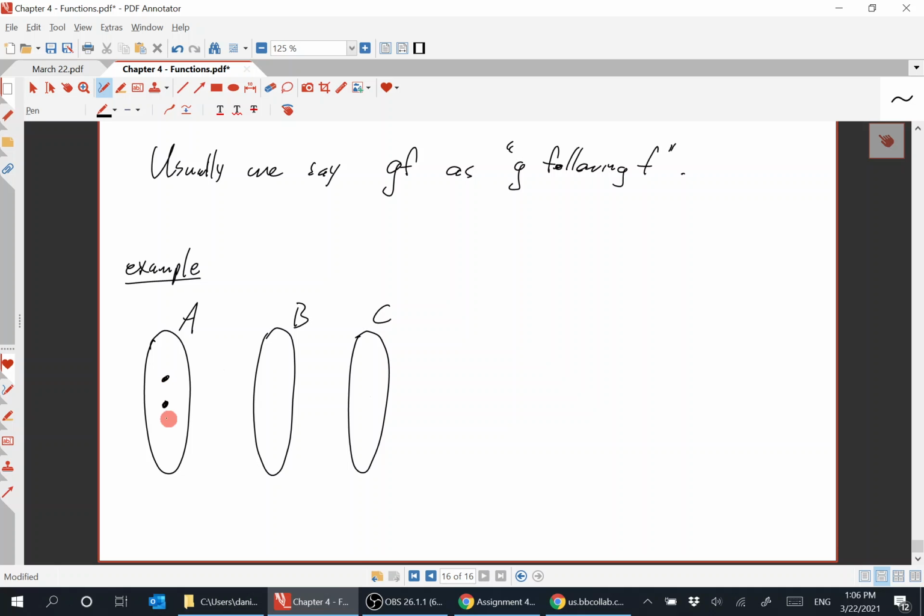We'll put 3 elements here: 1, 2, 3. Put a couple things here: little a, little b, and a few things here: W, X, Y, Z. So we'll say f of 1 goes to a, f of 2 goes to a, f of 3 goes to b, and then let's make a c, yeah, that's fine.